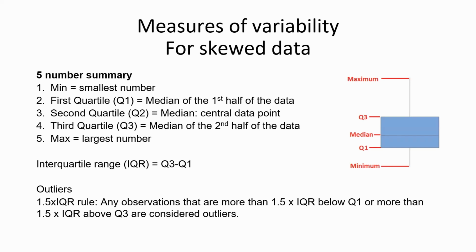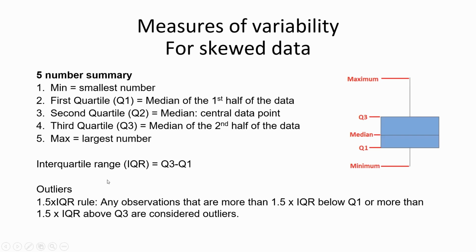Now, the interquartile range, IQR, is just a fancy way of saying take Q3 and subtract Q1 from it. It's the difference between the bottom part of the box and the top part of the box. So if Q1 was 5 and Q3 was 8, then your IQR would be 3, right? Straightforward. Now, outliers.